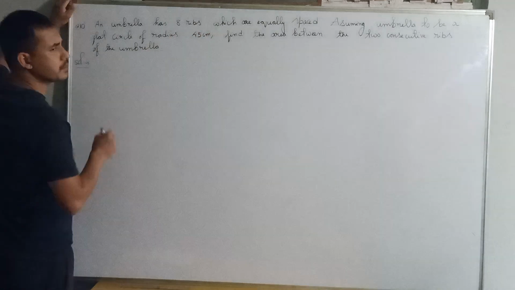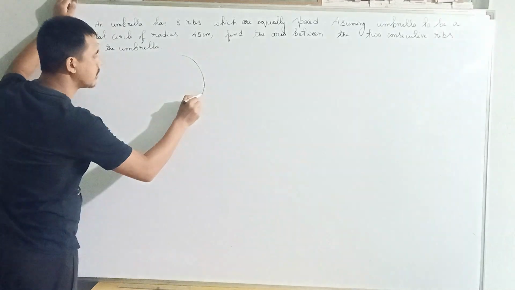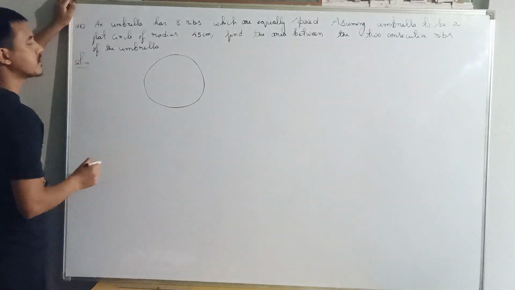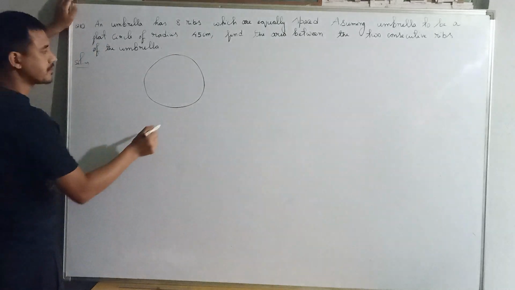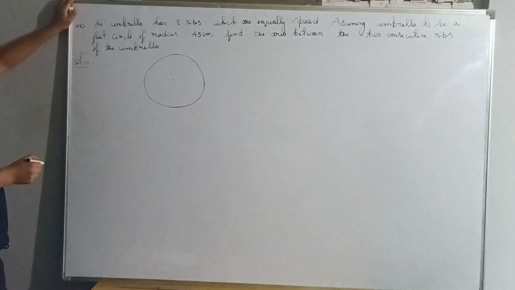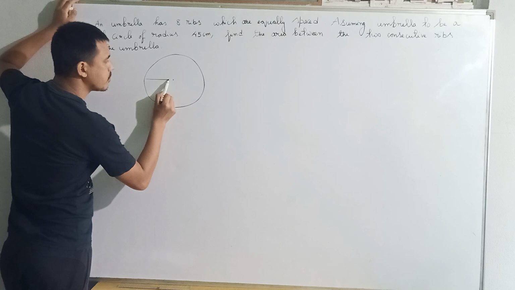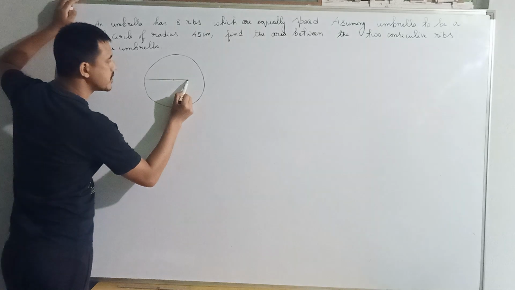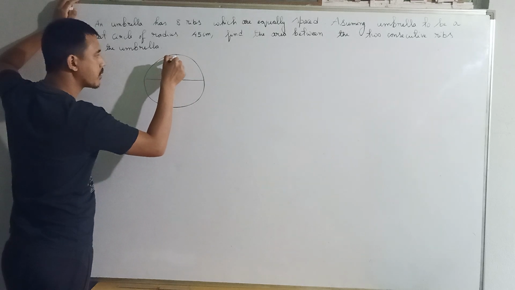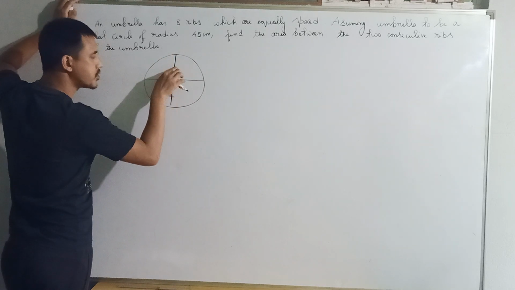So assuming umbrella to be a flat circle. So this flat circle is your umbrella. This is the center of the circle. So an umbrella has 8 ribs. So this is 1 rib. This is 2. This is your 3. This is your 4.